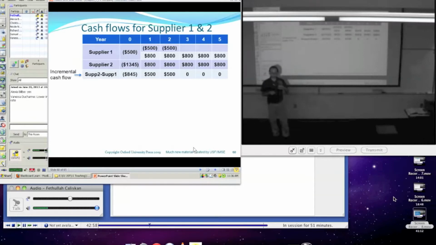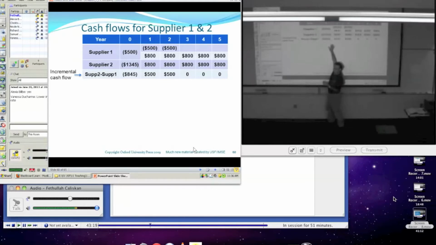And we're looking for actually, if it is desirable, if it is okay, to just shift from supplier 1 to supplier 2 and see if the rate of return for the difference cash flow is better than 15% minimum attractive rate of return.